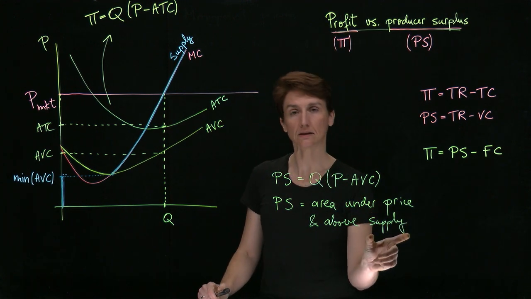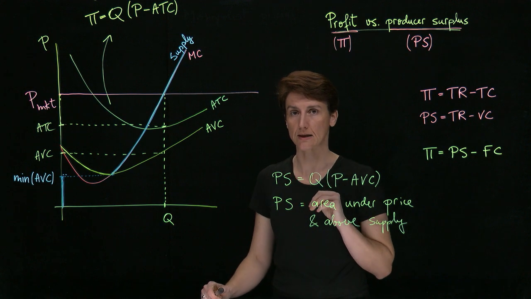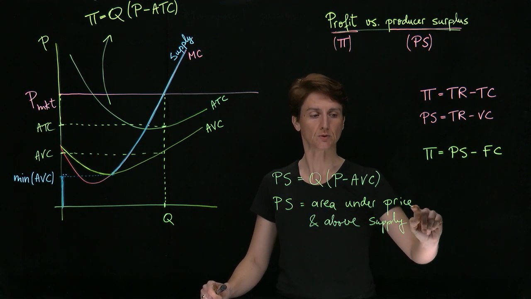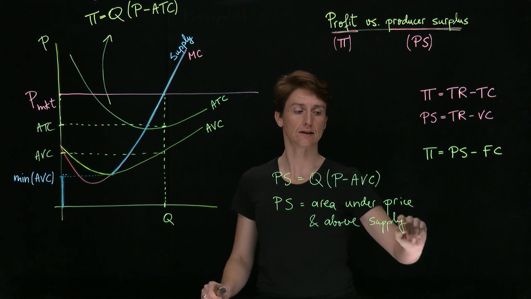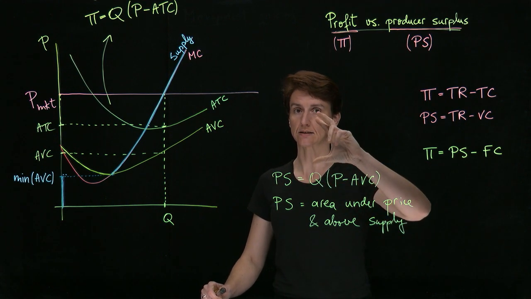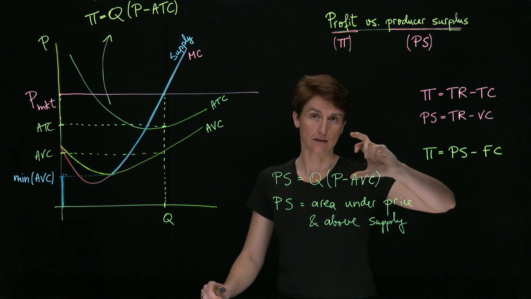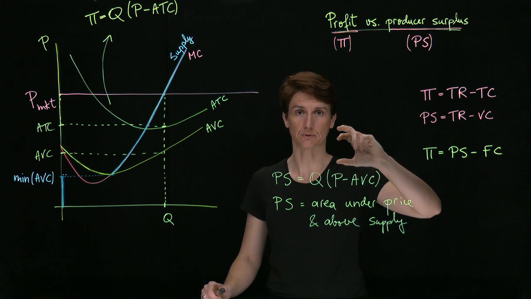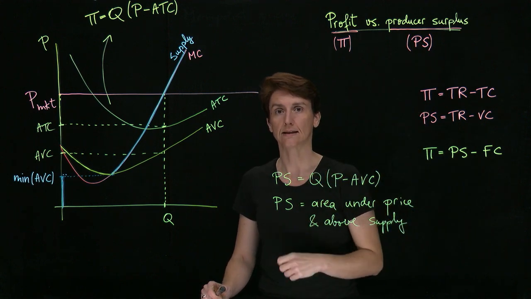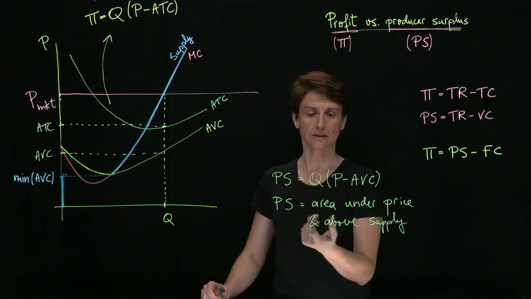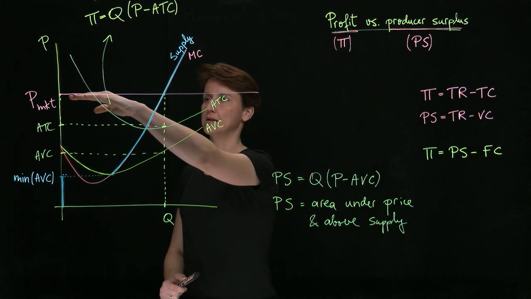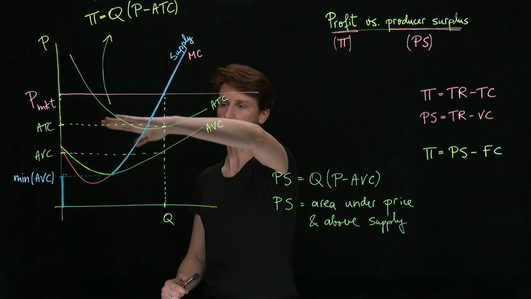Well, because the supply curve is showing us the minimum price at which the firm would be willing to sell that unit. And so the difference between how much they actually sell it for and the minimum at which they'd be willing to sell it is going to give us the net gain, the surplus from selling that particular unit. So if we're adding that over all units sold, that gives us producer surplus, and that, as we've said before, is the area under the price and above the supply curve.